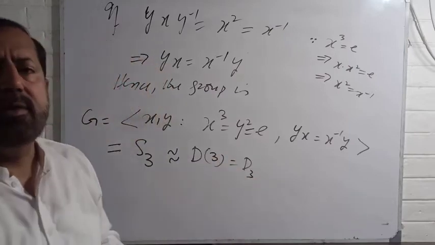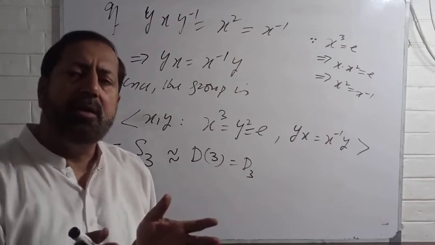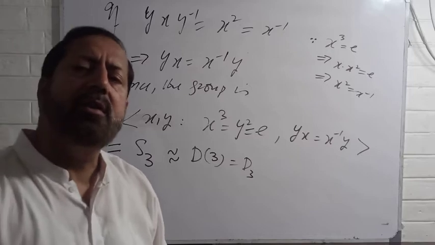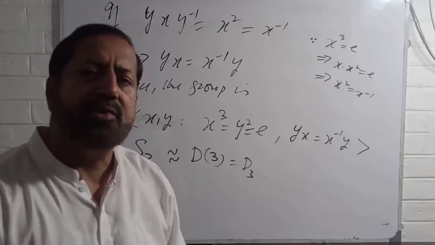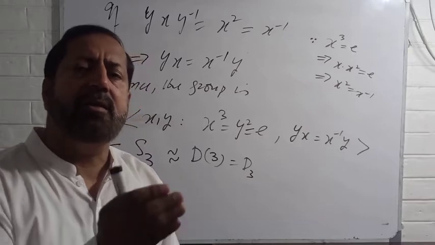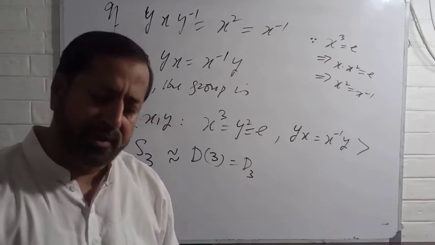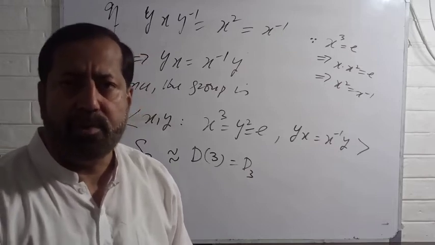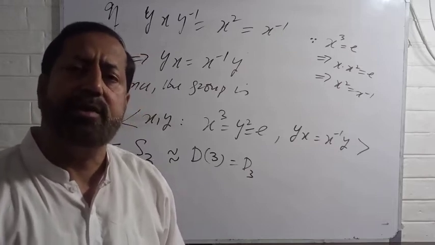Okay, we have shown that up to isomorphism, there are two groups of order 6. One is C6, which is abelian, meaning there is exactly one abelian group of order 6, and there is exactly one non-abelian group of order 6, which is S3.